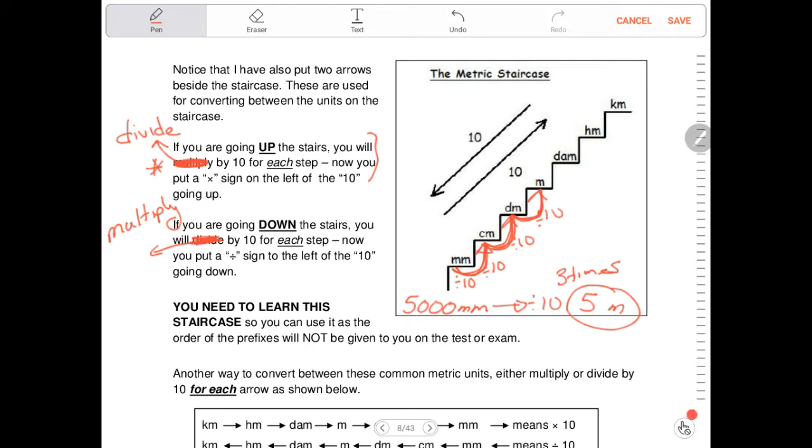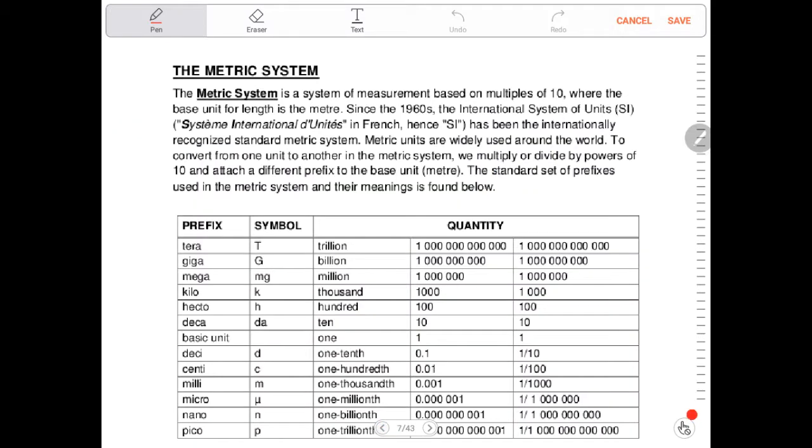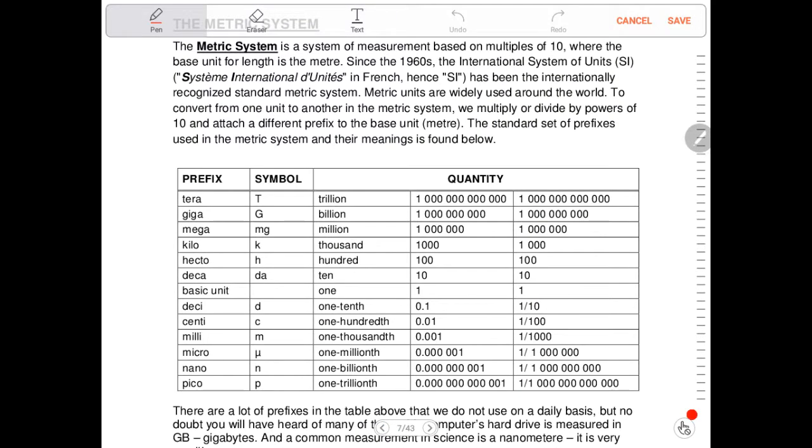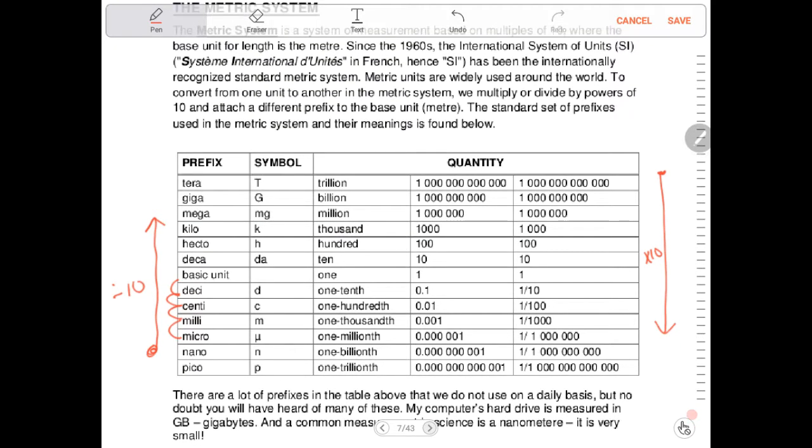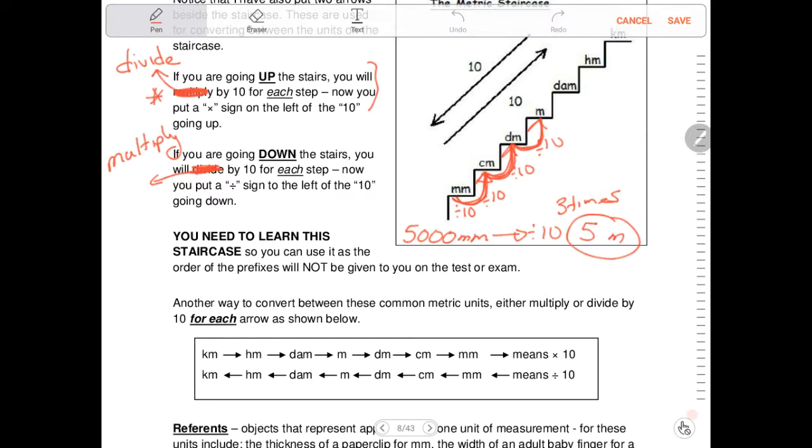Because as we go up the staircase, if I go back for 1 second, remember, another way of looking at it is, if you start on this side of the table and you convert up, you divide by 10 for each step. So divide by 10, divide by 10, divide by 10. Vice versa, as we'll soon learn, if you're starting with a bigger unit and coming down, you will times by 10 for each step.